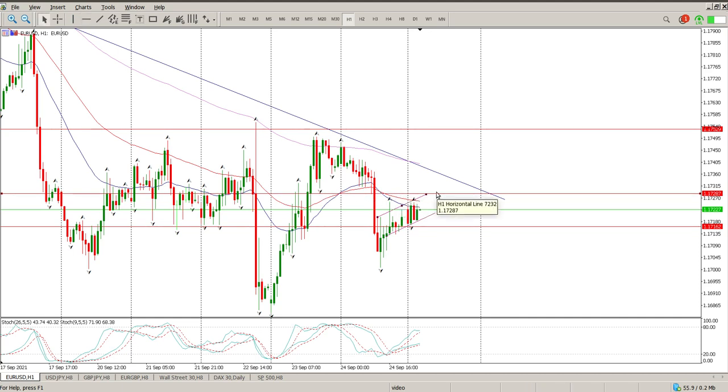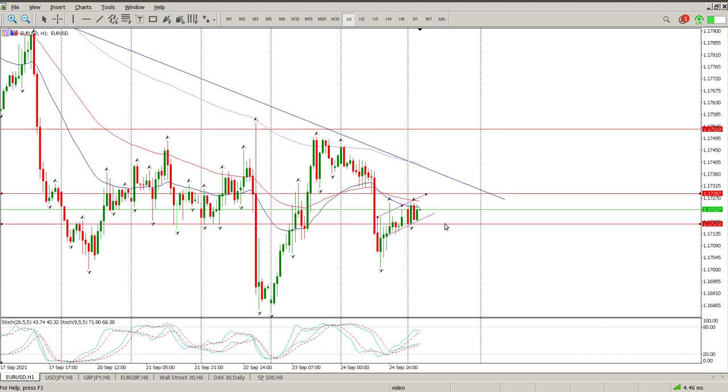So one of two things: a rejection of 117.287 gives you an opportunity for a short with a stop above this group of range bars here. Alternatively, you're looking for a break below this area here, which is 117.173.